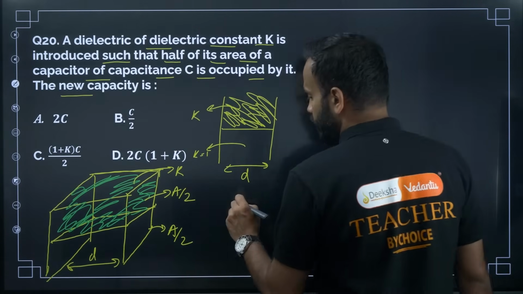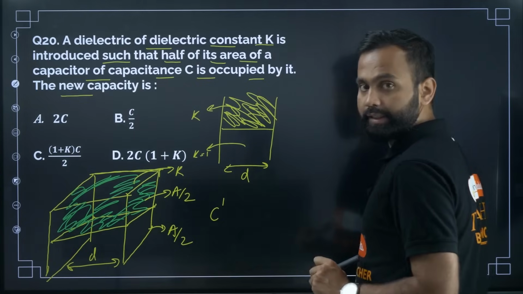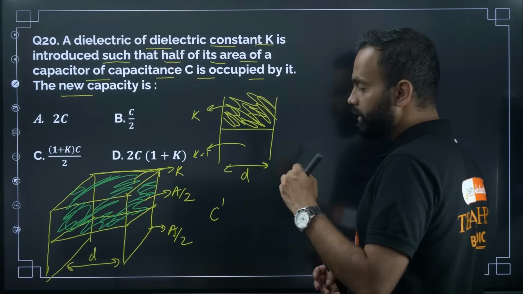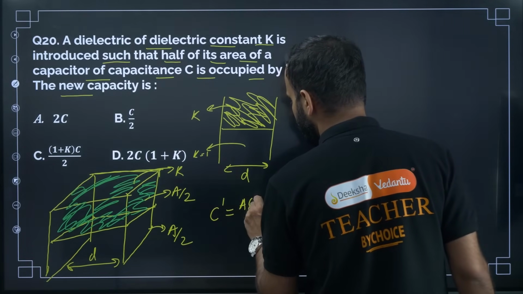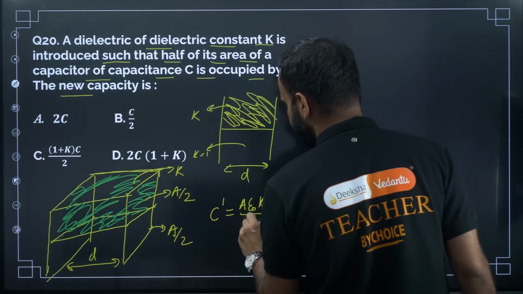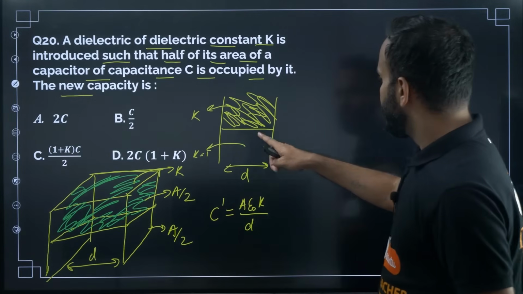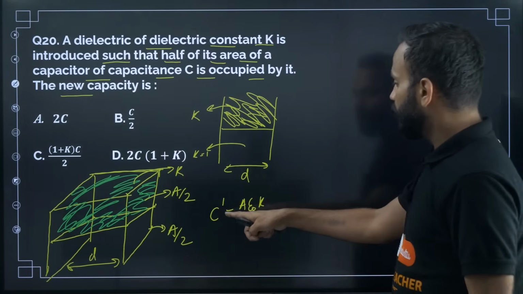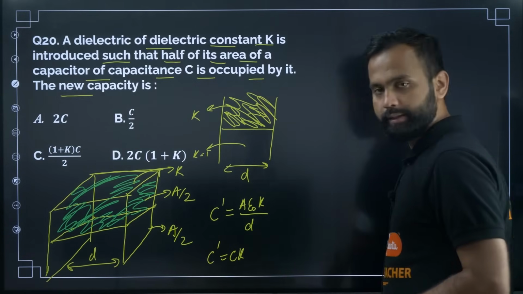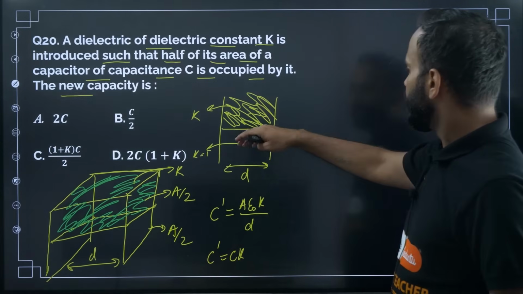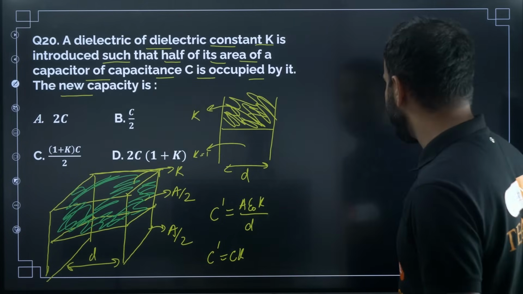So C dash, that is the capacitance of the capacitor when the dielectric is filled, C dash is equal to A epsilon naught K divided by D, right? So now I can write C dash as C into K. Okay, so now here half is filled, right?